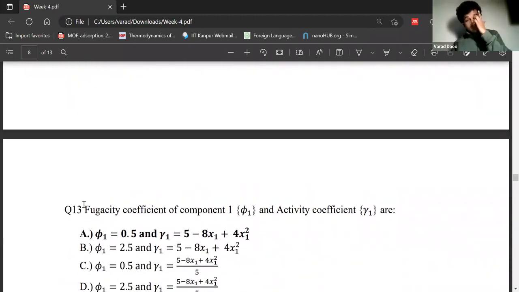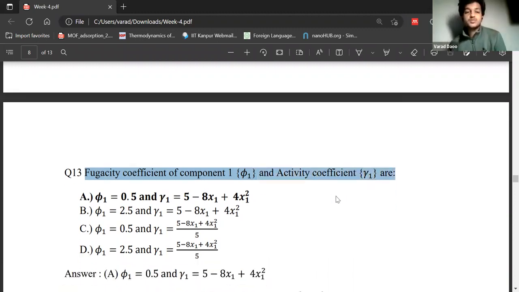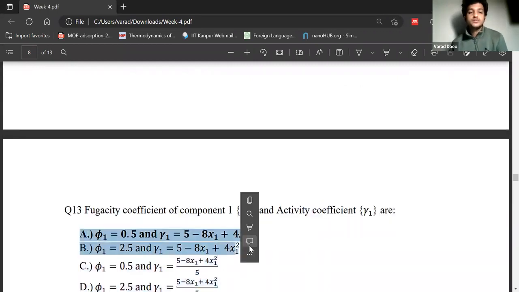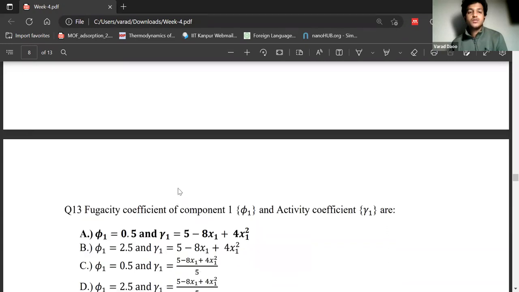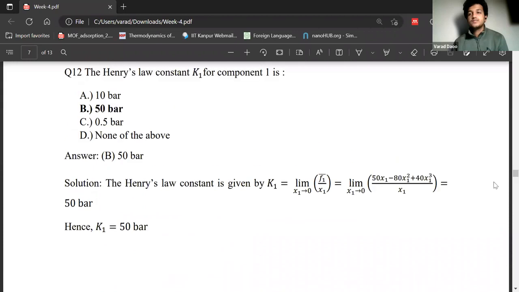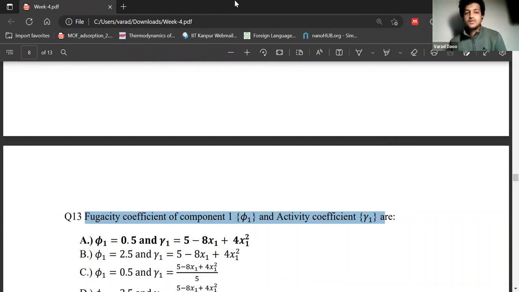So what we want is the fugacity coefficient of component 1, that is phi 1, and the activity coefficient gamma 1. What is the expression for that? These are the options, right? I'll give you a couple of minutes to try. Fugacity coefficient we need to find, and also the activity coefficient.